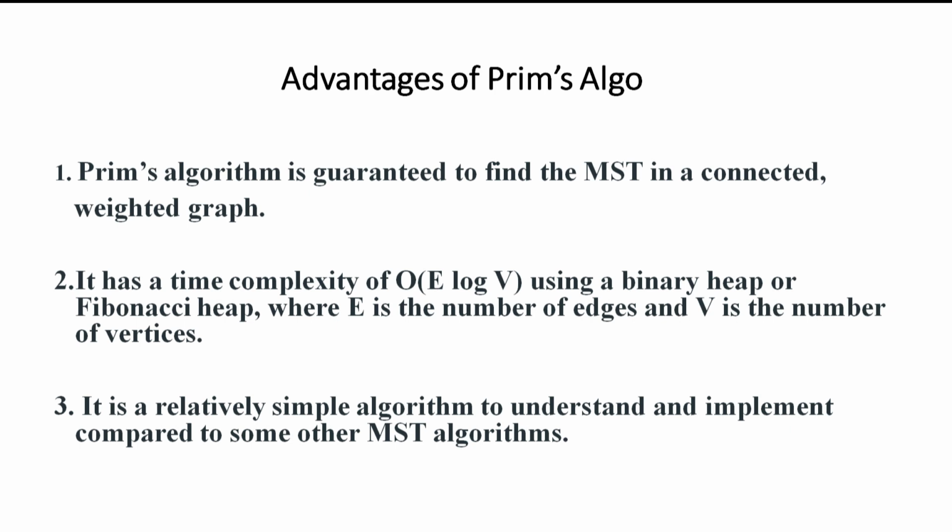In comparison to Kruskal's algorithm, both algorithms are guaranteed to find the MST in a connected weighted graph. So is the case with Prim's algorithm. If there is a connected weighted graph, then this algorithm guarantees to find one of the MSTs, because sometimes more than one MST is possible.